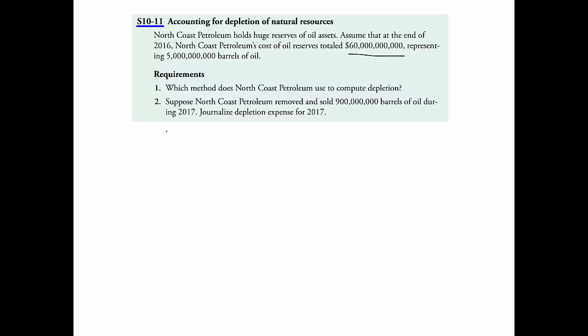So again, what method do we use? It's units of production. And so the first thing I do is come up with the cost divided by the estimated usage to get my per unit rate.